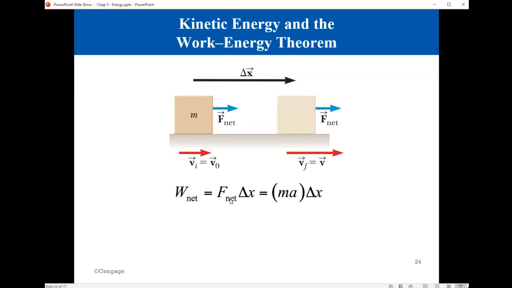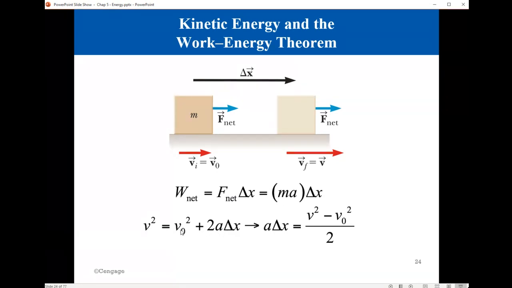Now, we know from Newton's law, from chapter 4, that the net force is equal to mass times acceleration, so it is ma. And we know from the kinematics equations, V final squared equals V initial squared plus 2ax. When we solve this equation for ax, we get ax equals (V squared minus V initial squared) divided by 2.